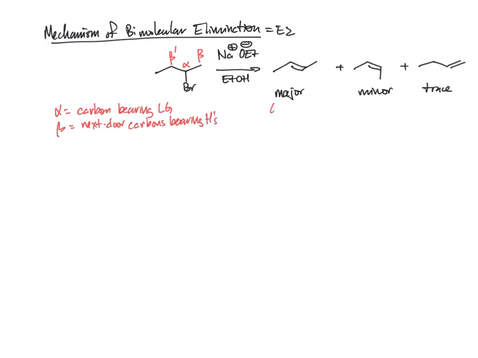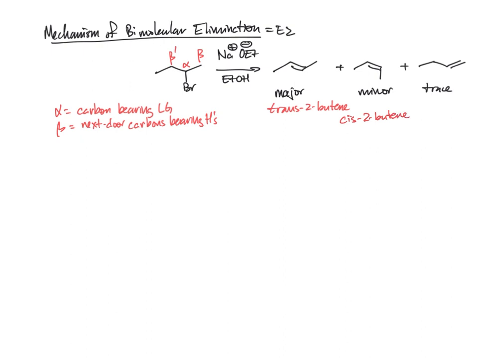So we have trans 2-butene, and then what is the name of this minor one that's next to it? So this is cis 2-butene.